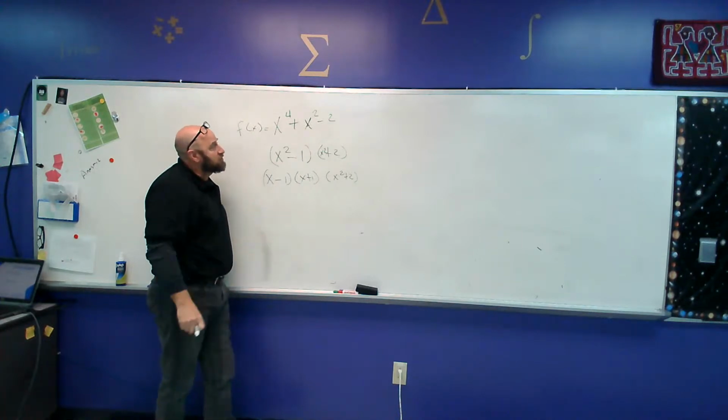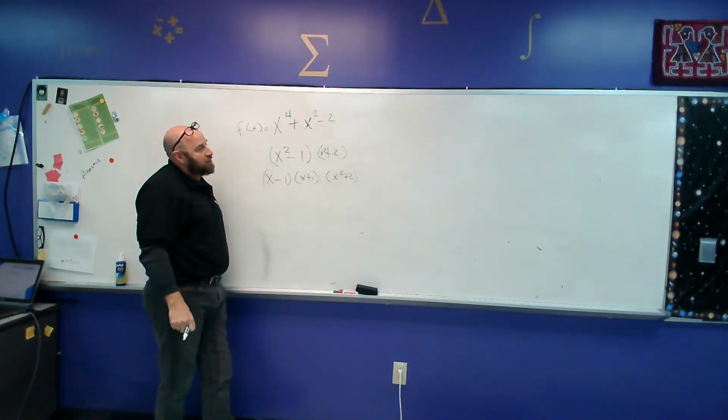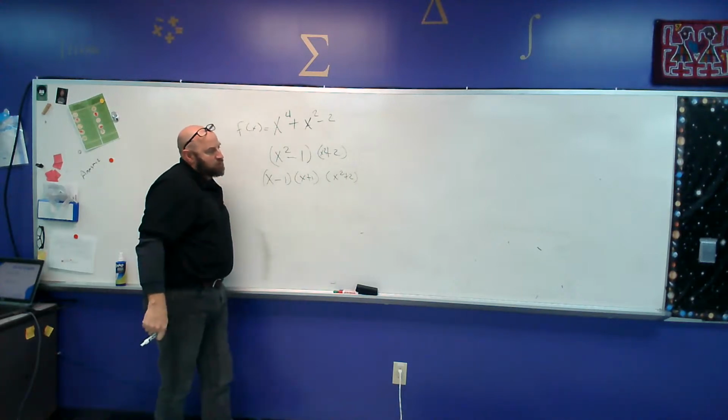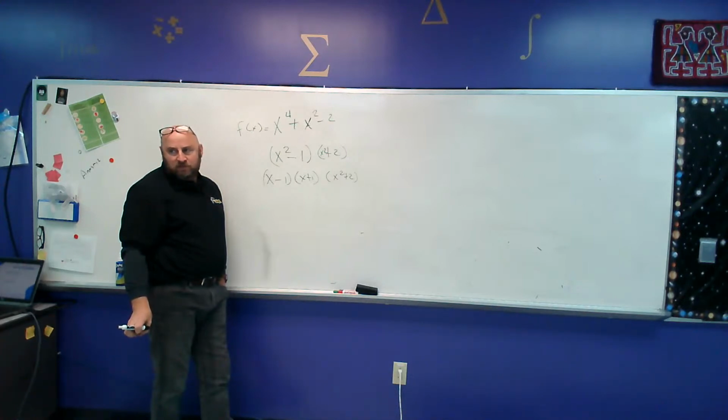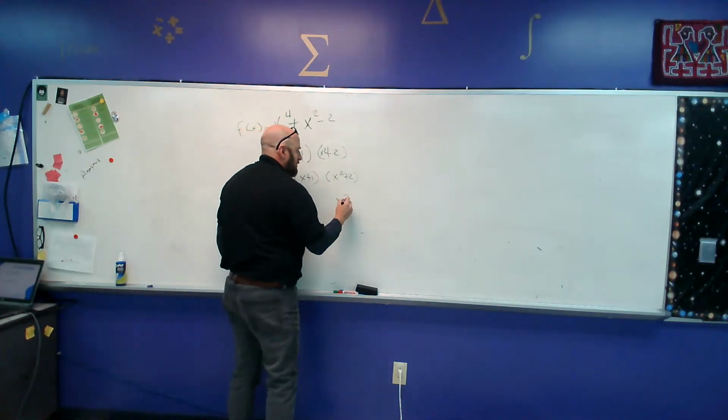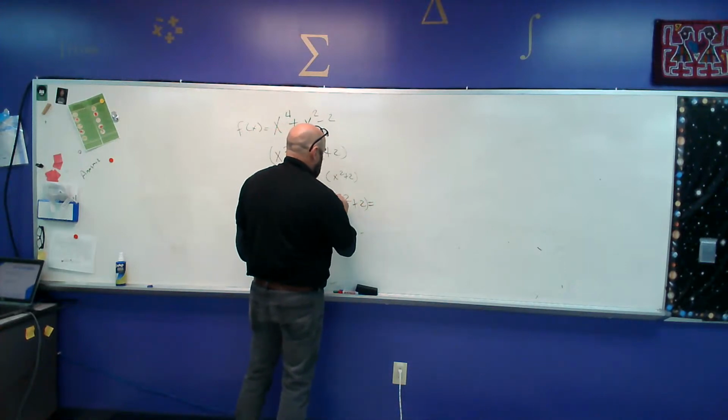There's 2 of our zeros. x squared plus 2 is not factorable. However, if we set it equal to 0, we can solve it. So if we do x squared plus 2 equals 0.